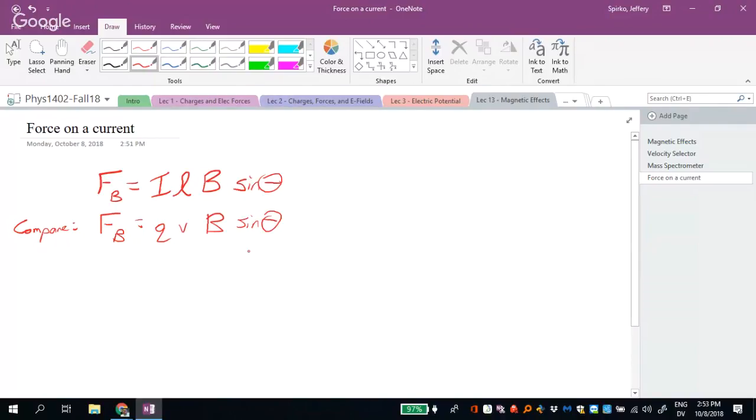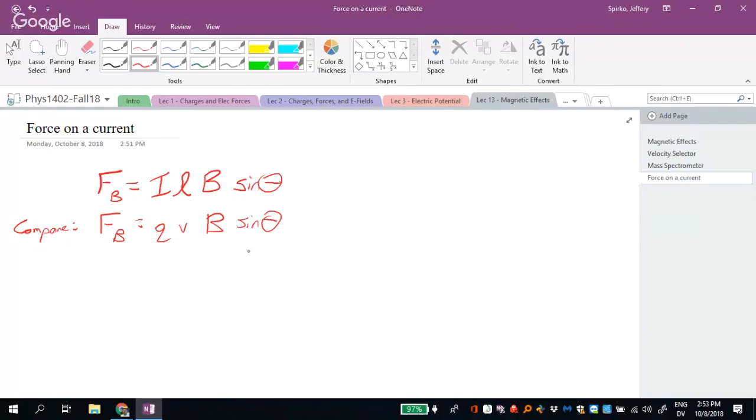It's just that an amount of current and the length of a wire are taking the place of the q and the v. And they actually have the same units because current is charge per unit time. If you take charge per unit time times length, that's the same as taking charge times length per unit time. So the units are exactly the same, and the formulas are exactly the same.